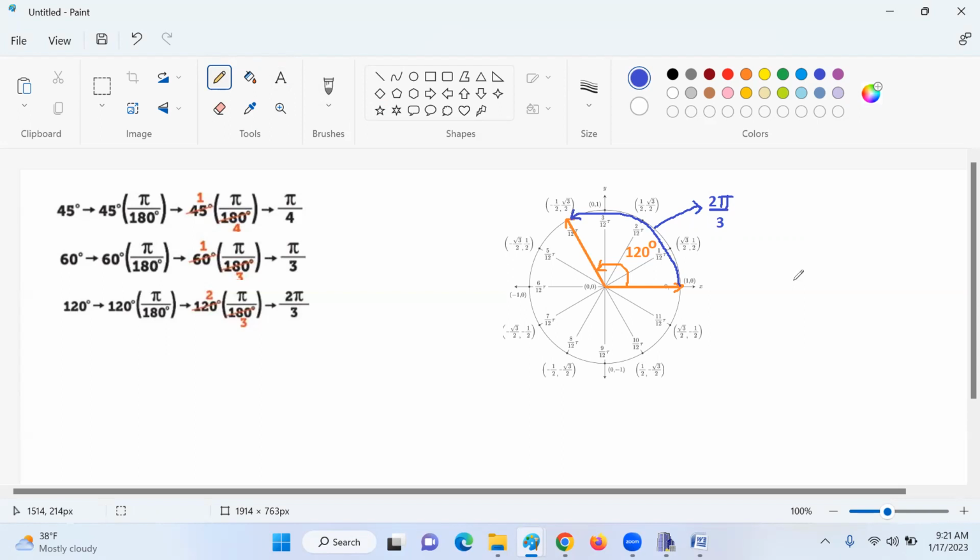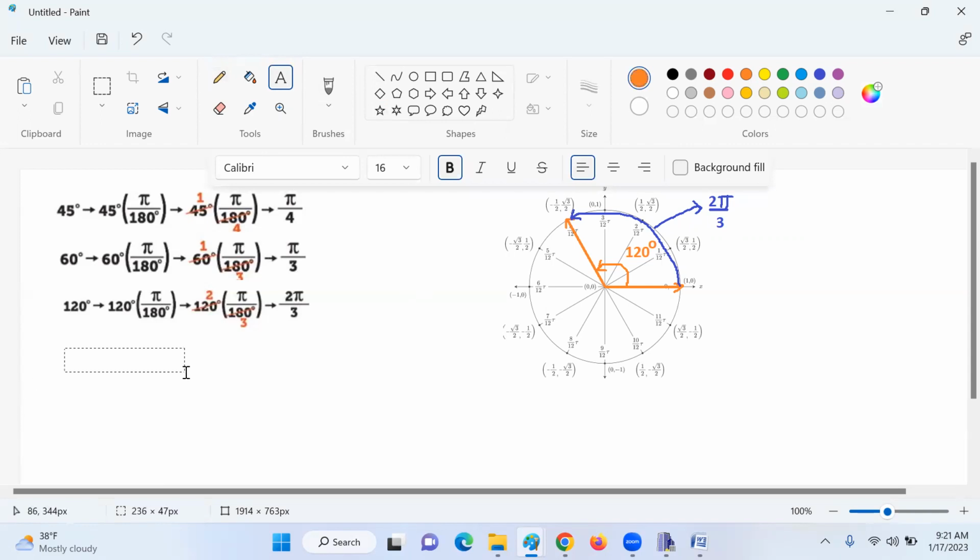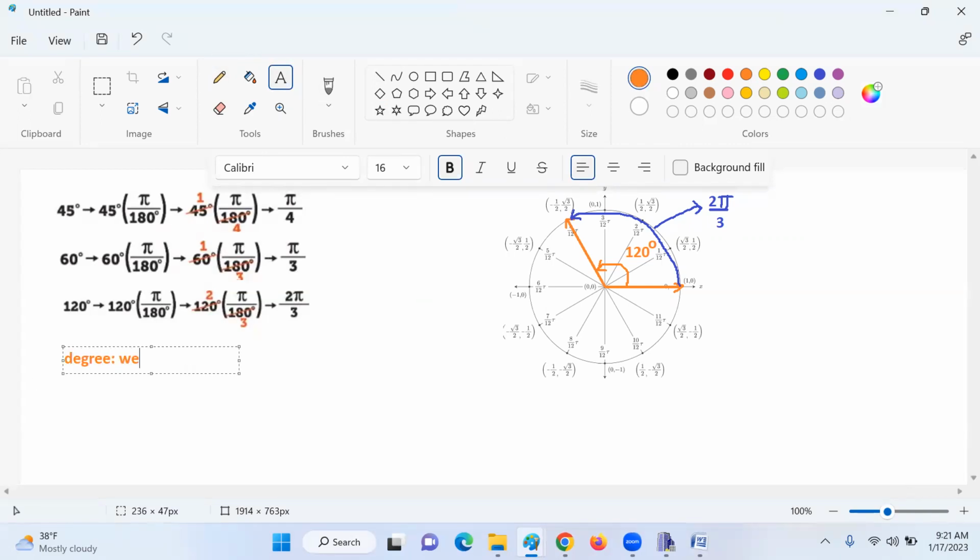Okay. So a lot of you might be confused, like, do they mean the same in terms of degrees or radians? The answer is no. With degrees we measure the angle. With radians we measure the arc length. So let me just repeat that again, right? Degree, we measure the angle.